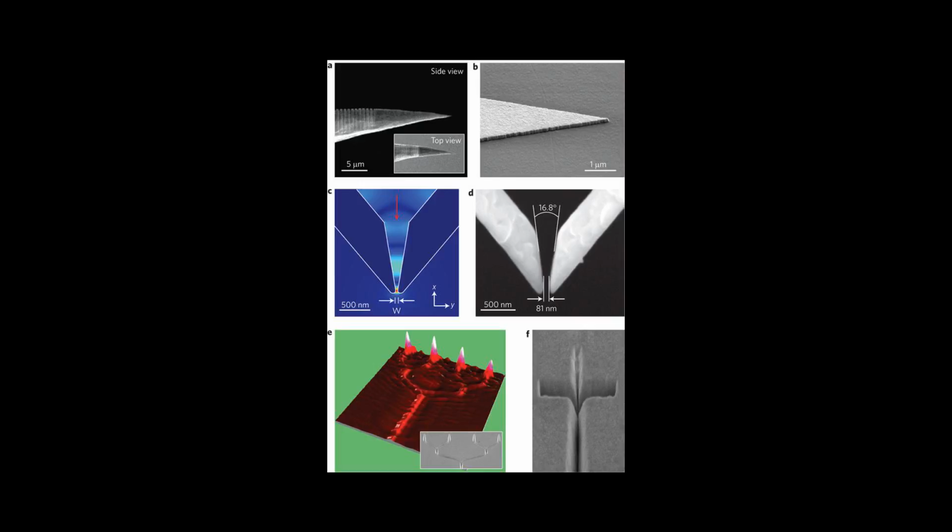Aluminum is the best plasmonic material in the ultraviolet regime, less than 330 nanometers, and is also CMOS compatible along with copper.